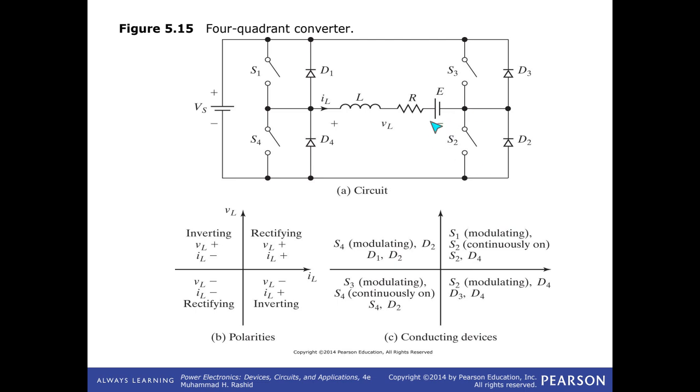Modulating means turning on, turning off, turning on, turning off. If it is turning on, current is going to flow like this. If it is turning off, then since energy is stored here, current is going to continue through that line and through D2.